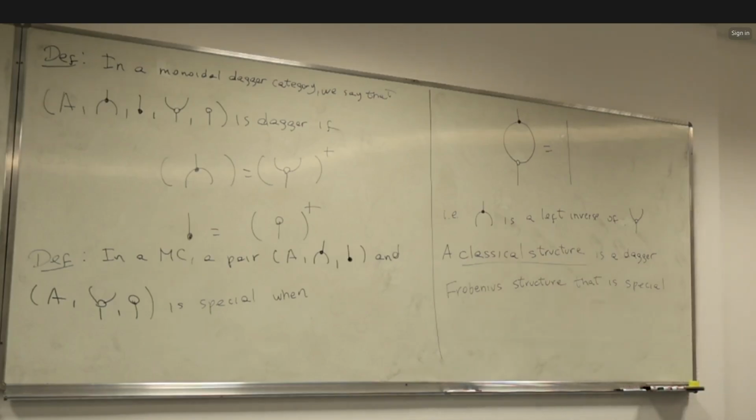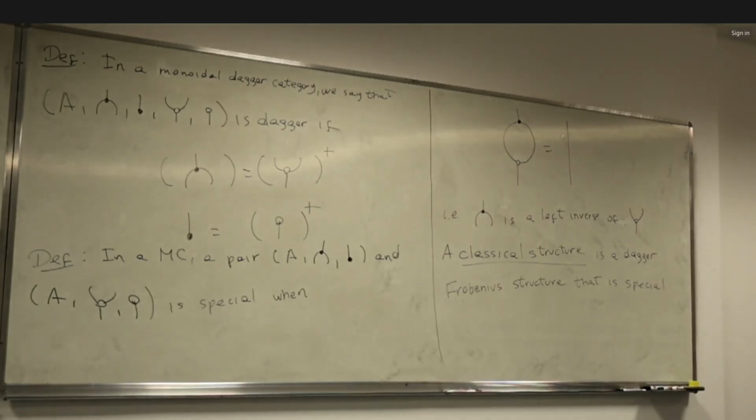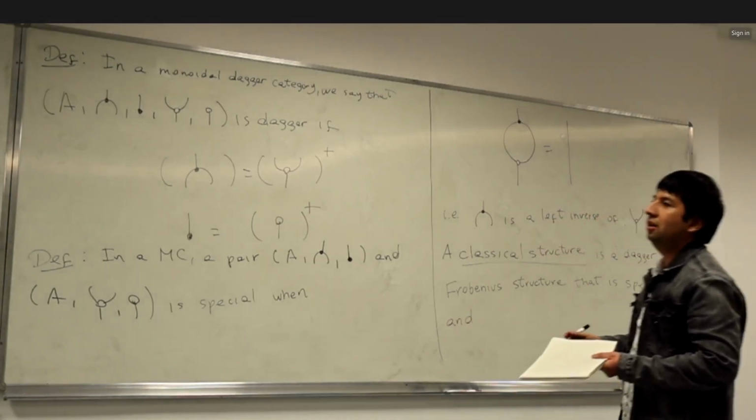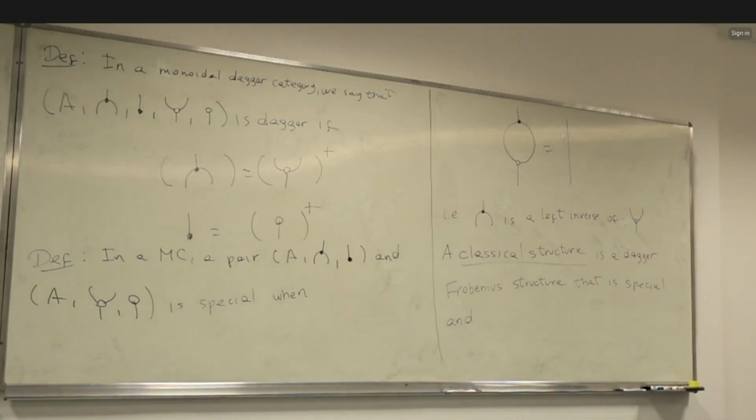Well, we know what a commutative monoid is and a cocommutative comonoid is, right? It's quite natural. So we can also speak of a commutative Frobenius structure, assuming that both the monoid and the comonoid structure are commutative.